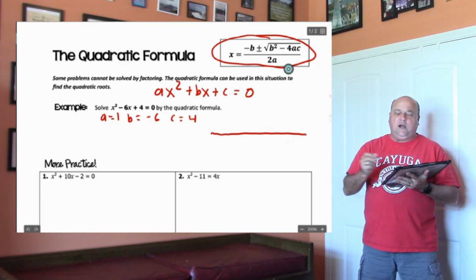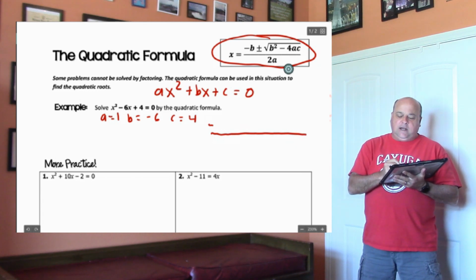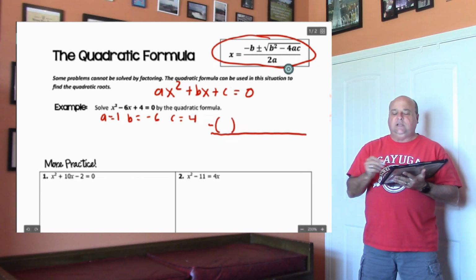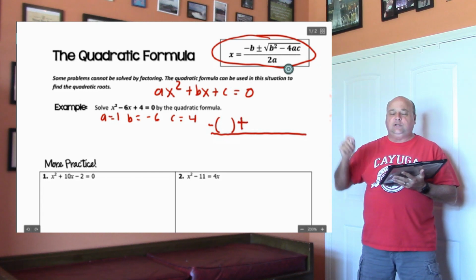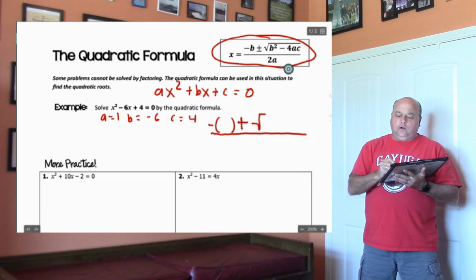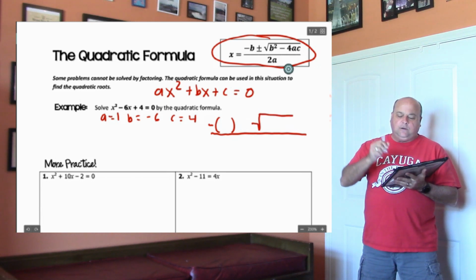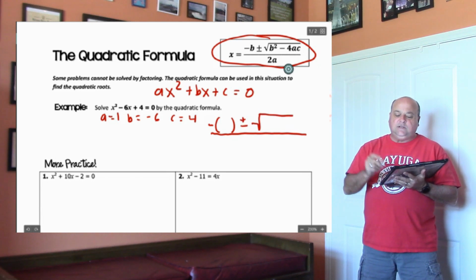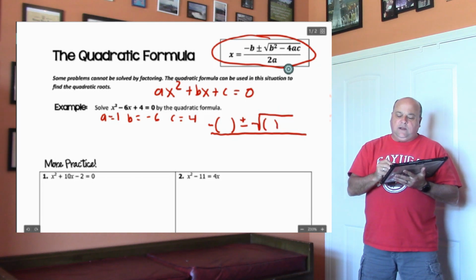But you're going to draw a fraction bar, and then you're going to put negative for the b, put a parentheses, plus minus the square root, and then b squared minus 4ac.